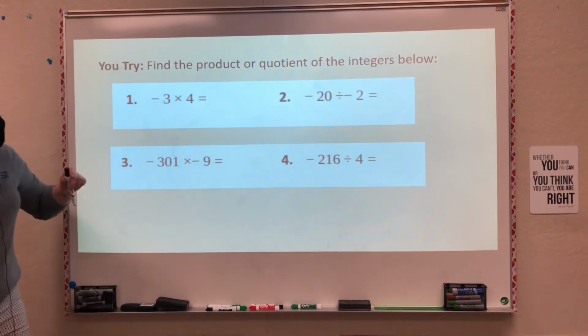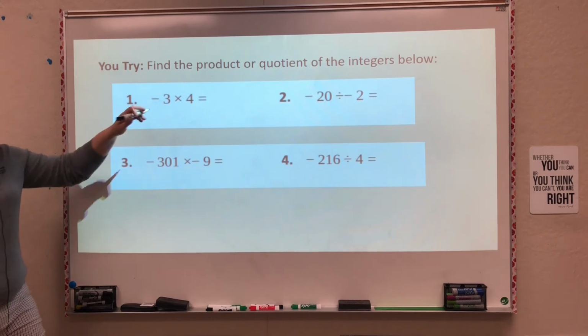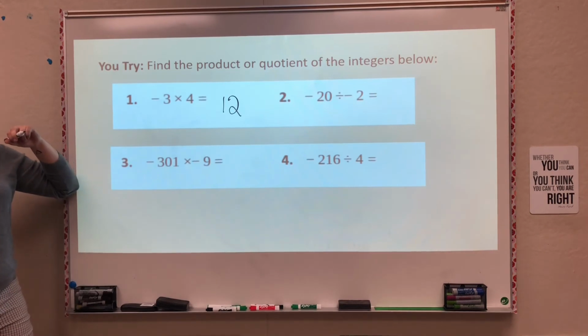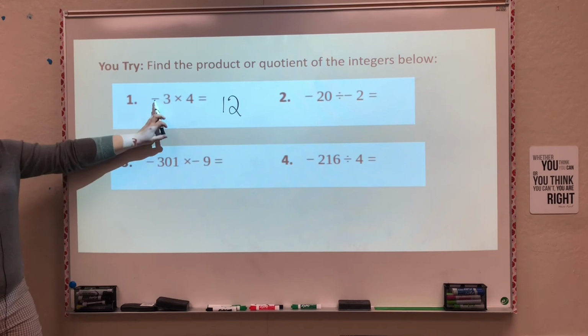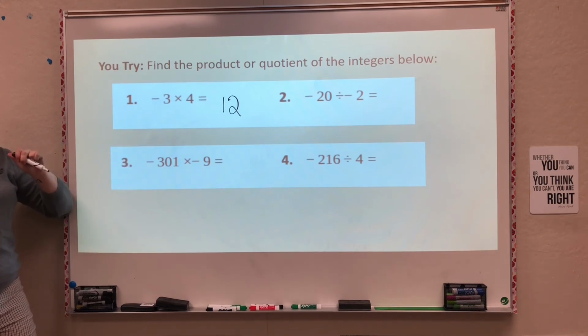Okay. Number 1, tell me what we're getting. Is it positive 12? Tell me how you're getting positive 12. Because the 4 doesn't have the negative sign. Let's say negative 3 times negative 4, the negative with the negative stay the same.